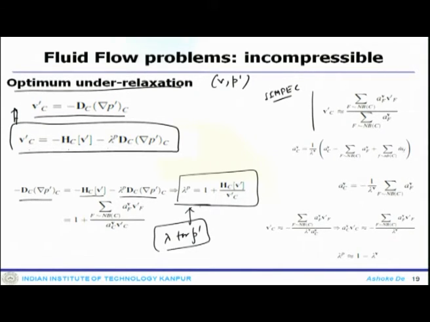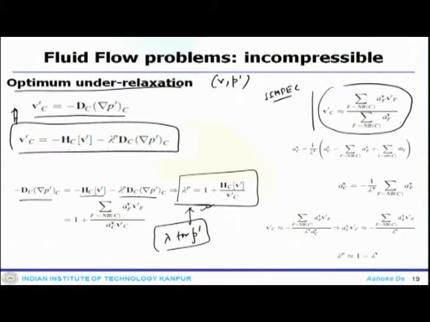So, the pressure correction equation has this kind of correction factor. Now, when you move ahead from SIMPLE to SIMPLEC, that kind of correction was eliminated, and the velocity corrections can be estimated like this. This we have already seen, so there is nothing new here that we are writing.